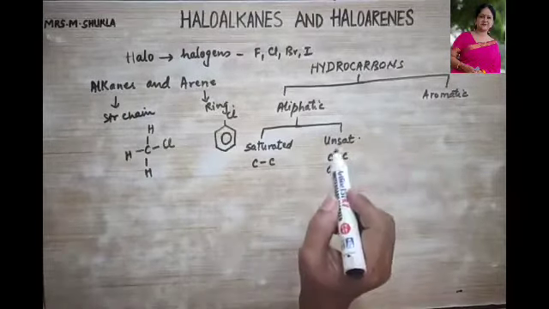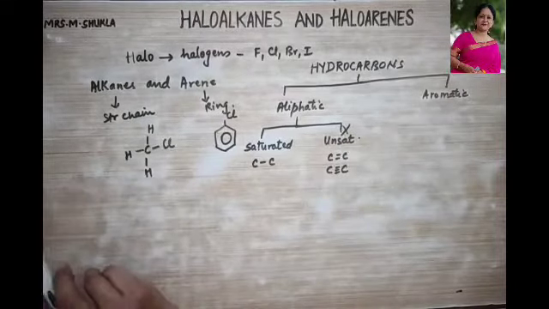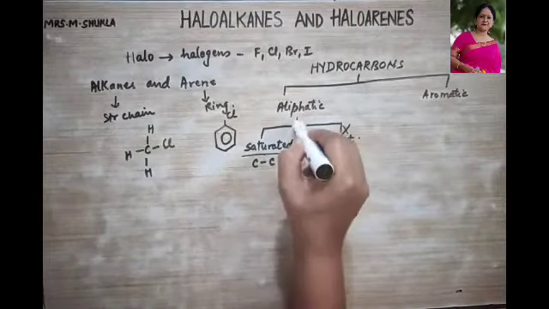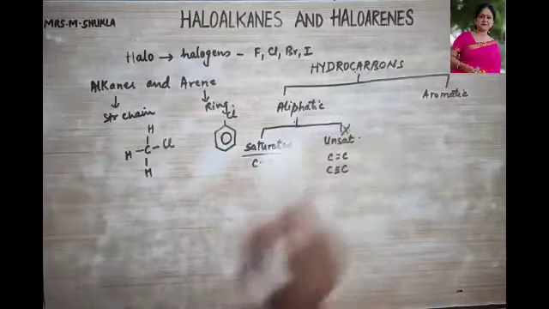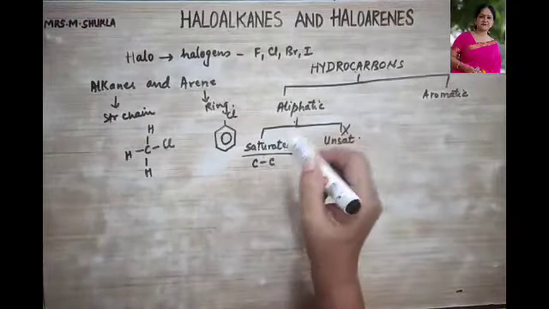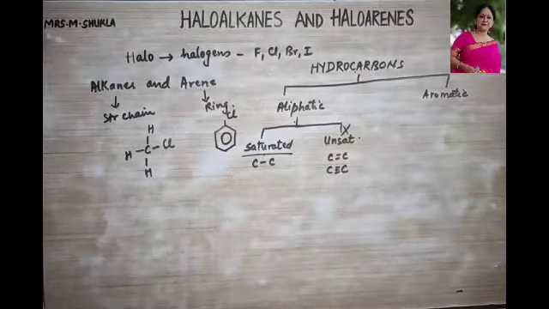In this chapter, we are not going to study unsaturated hydrocarbons, but saturated aliphatic hydrocarbons. They are your haloalkanes when halogen is added to an aliphatic, saturated hydrocarbon.